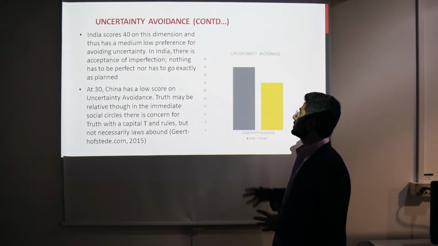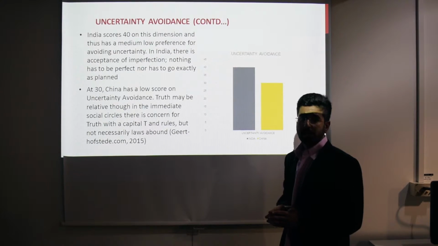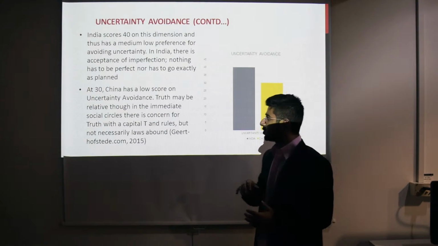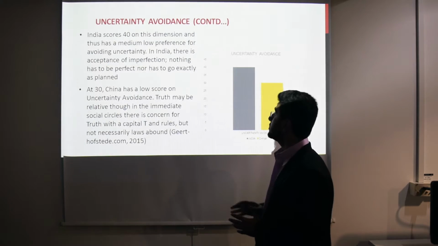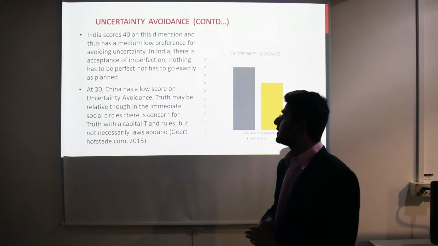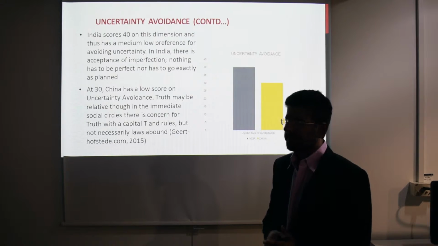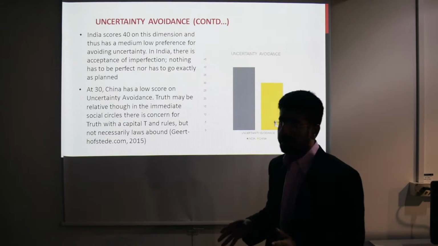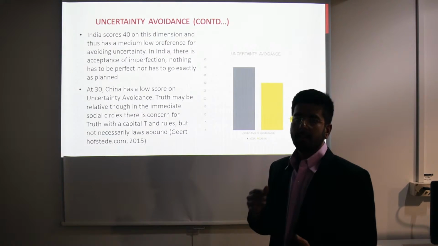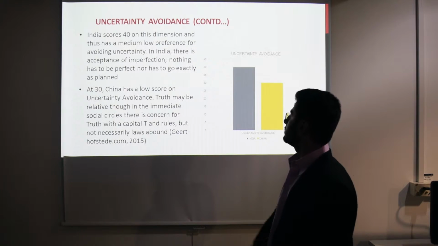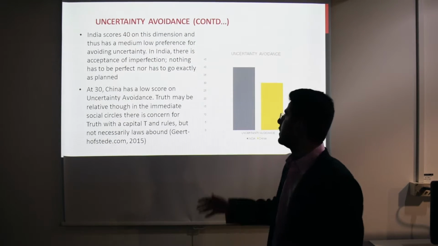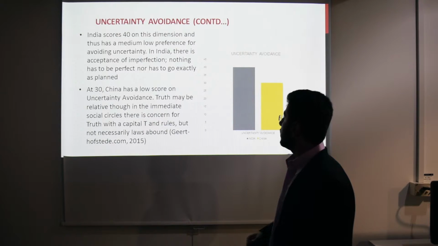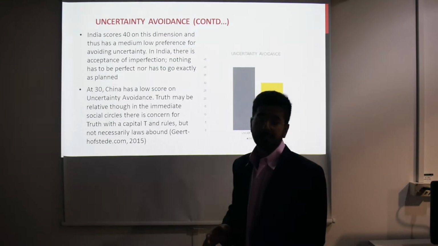The score given to uncertainty avoidance in India is 40, whereas in China, the score is 30, which means that very low preference is given to uncertainty avoidance in India, and we can also say that there is a high level of uncertainty avoidance. In India, there is acceptance of imperfection. Nothing has to be perfect, nor has to go exactly as per the plans.